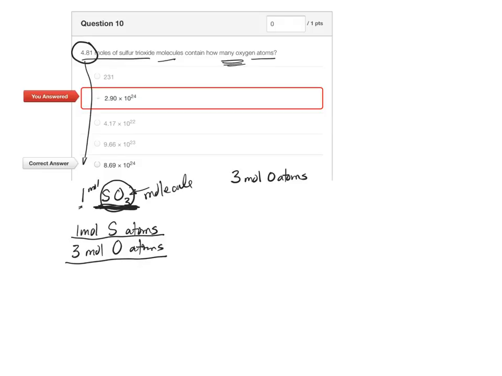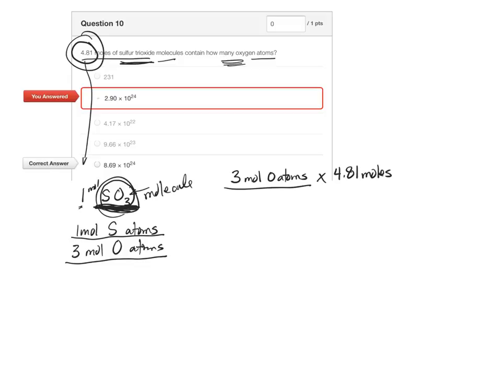Anyway, if I have 1 mole of this stuff, then I'm going to have 3 moles of oxygen atoms, but they actually started me with 4.81 moles of sulfur trioxide, so I have to multiply this by 4.81 moles of sulfur trioxide.